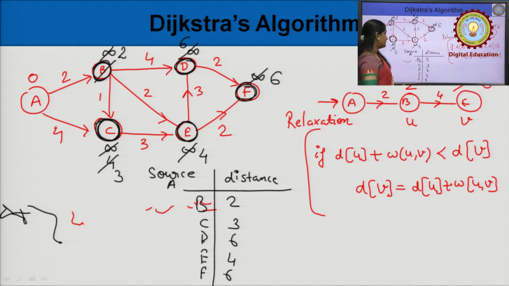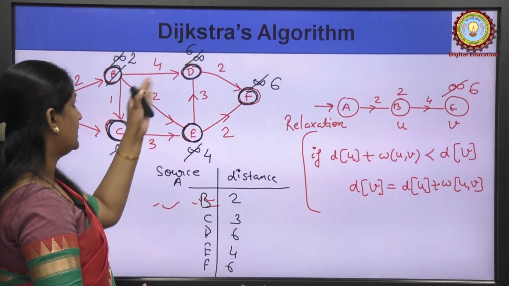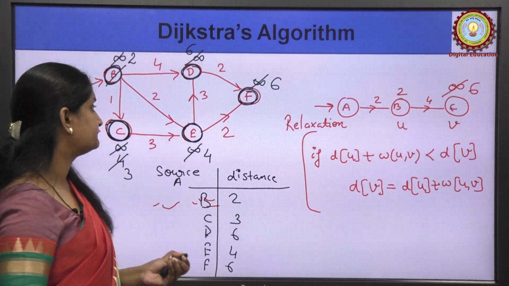So this is the shortest path from vertex A to all the remaining vertices. So this is the approach of Dijkstra's algorithm.